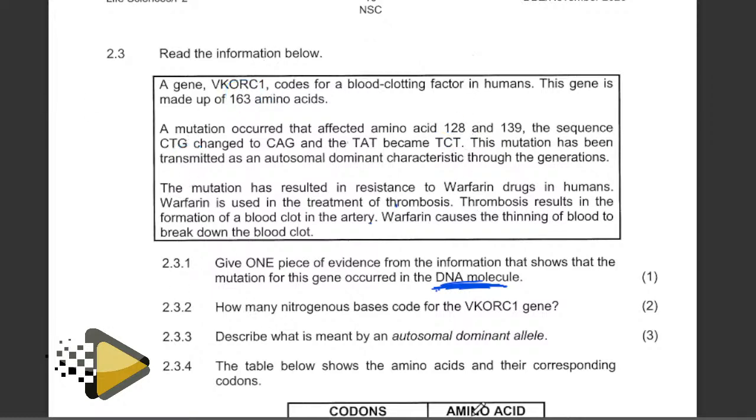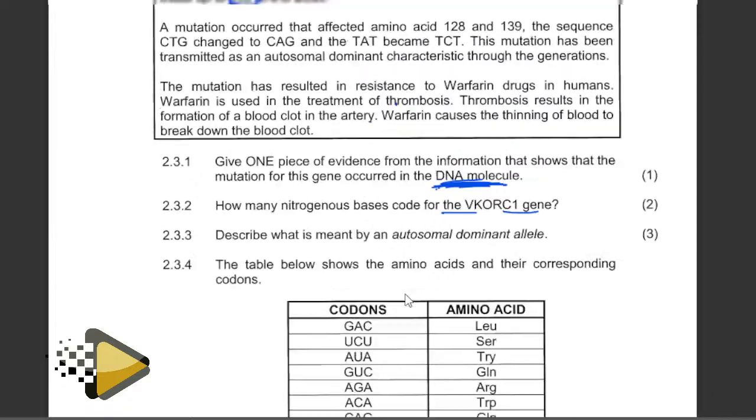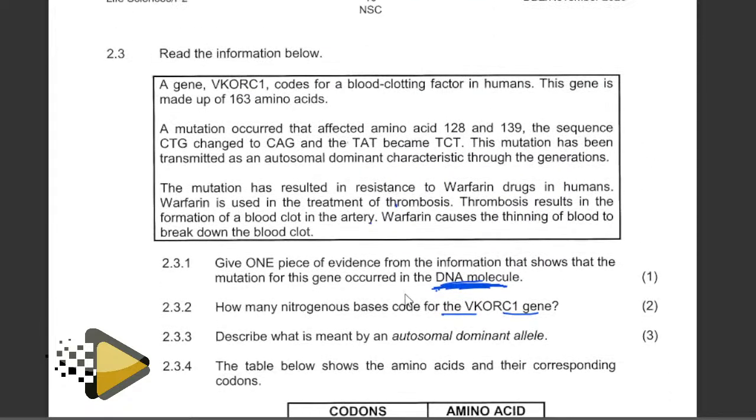Then number 2, they are asking how many nitrogenous bases code for this gene. Hey guys, I talked about this. I even showed you how to calculate these nitrogenous bases. Remember, each amino acid is coded by 3 nitrogenous bases.